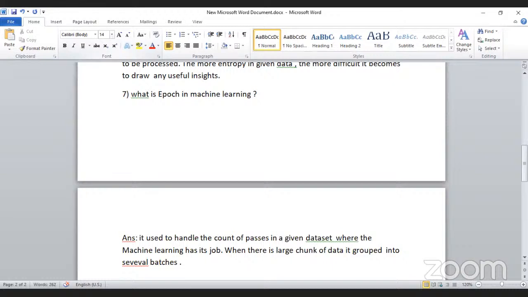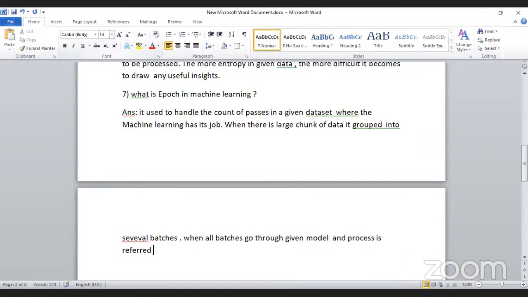And when all these batches go through the given model and get processed, it is called an iteration.